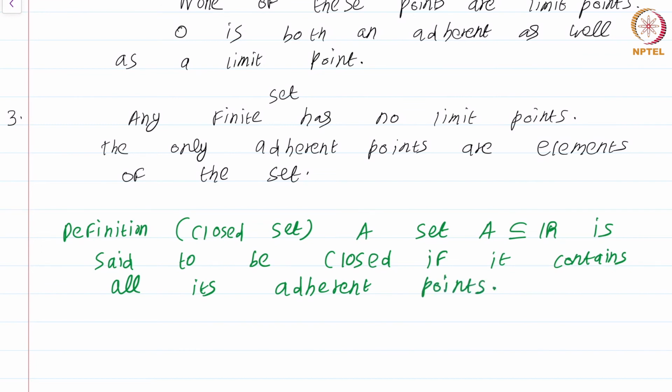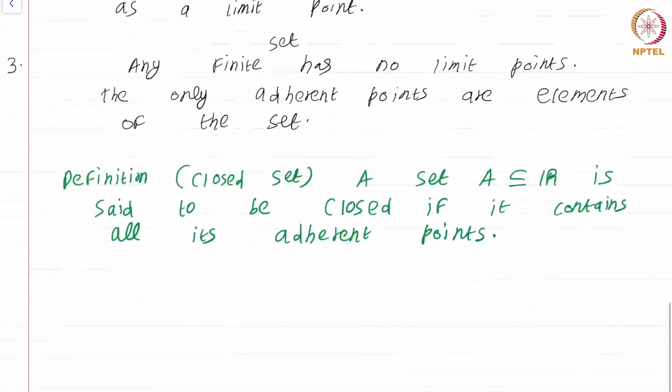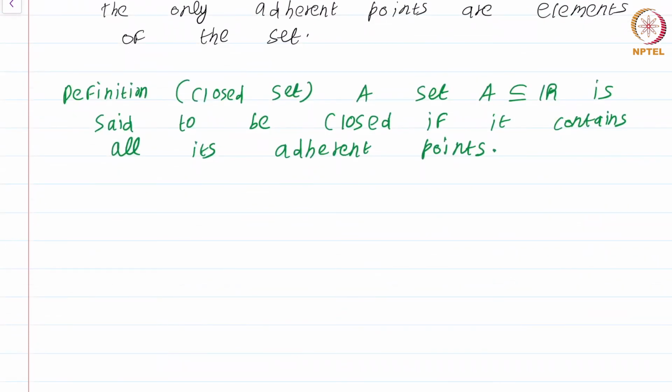That means the set contains any point that gets infinitesimally close to that set. Okay, so examples of closed sets, we already see that any finite set is closed. So is a closed interval.